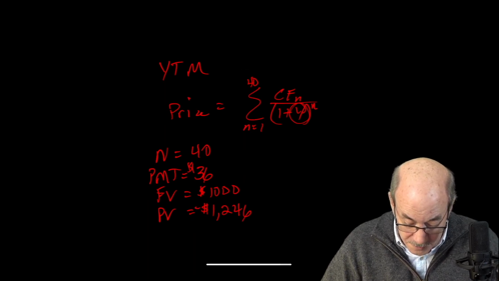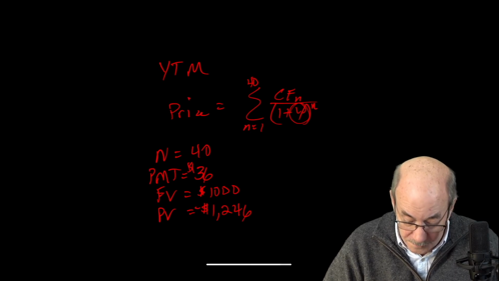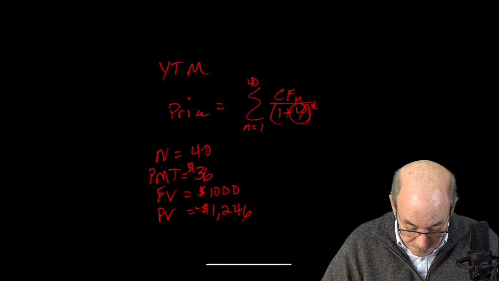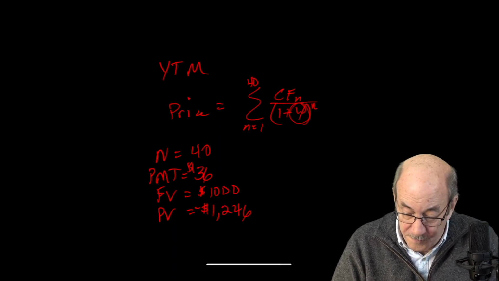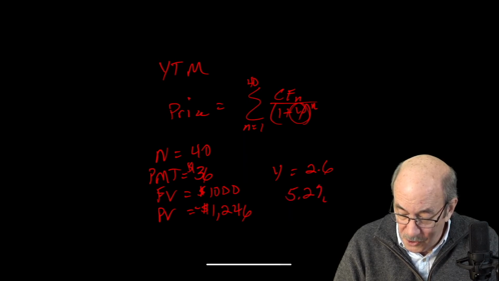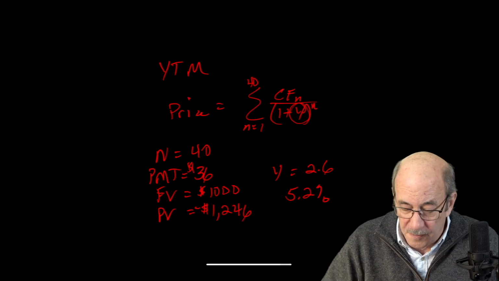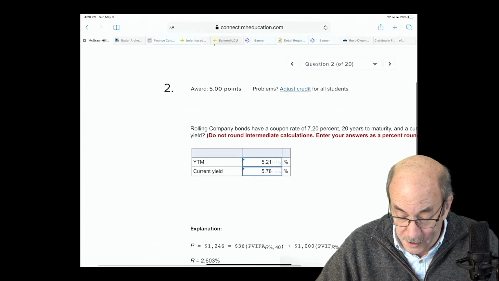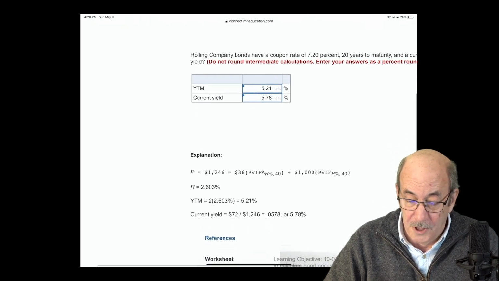And then my 1,000 future value, my 36 payment, 40 periods, and I calculated YTM, and I'm getting 2.6, so that would be 5.2% is my yield to maturity. Hopefully I got that right. Yeah, there we go.